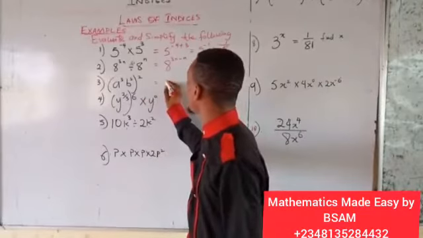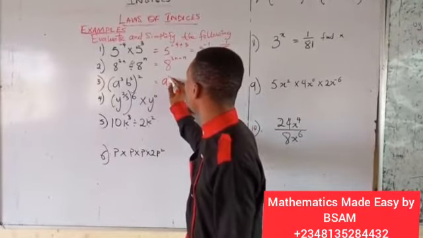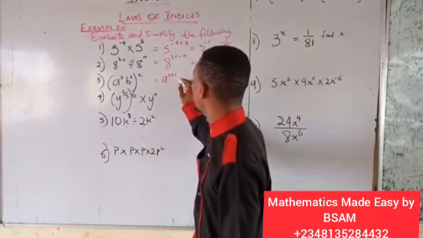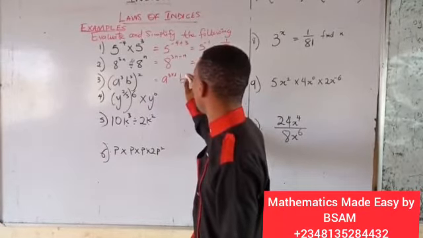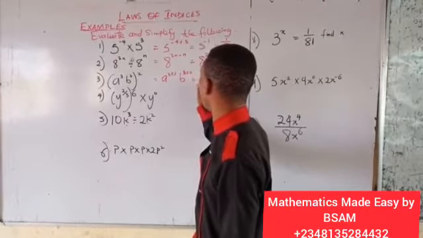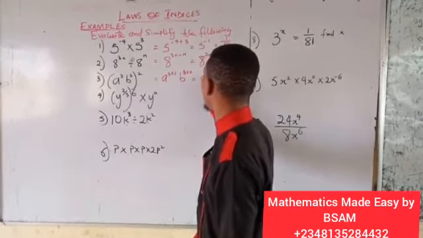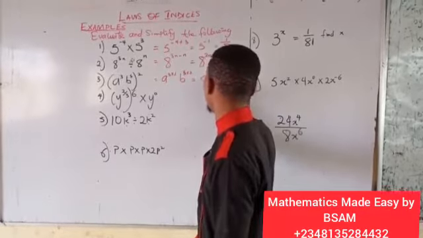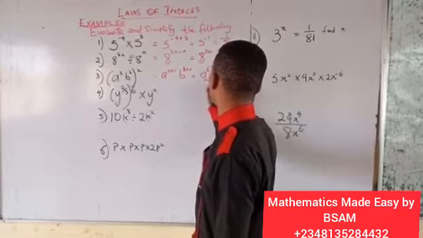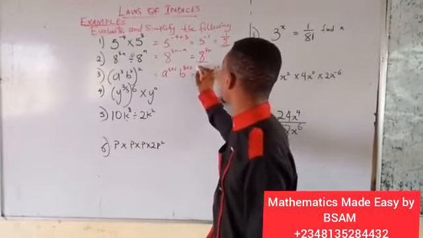So you're going to have 3a raised to the power of 3 times 2, then b to the power of 5 times 2. So you're going to have a raised to the power of 6 times b to the power of 10, and that's our answer.